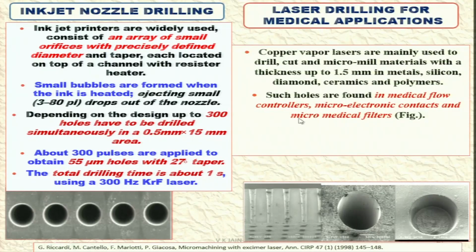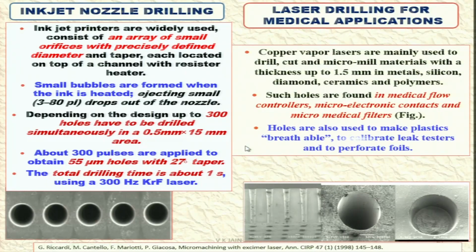Such holes are found in medical flow controllers, microelectronic contacts and micro medical filters shown in the figure. Holes are also used to make plastics breathable, to calibrate leak testers and to perforate foils.